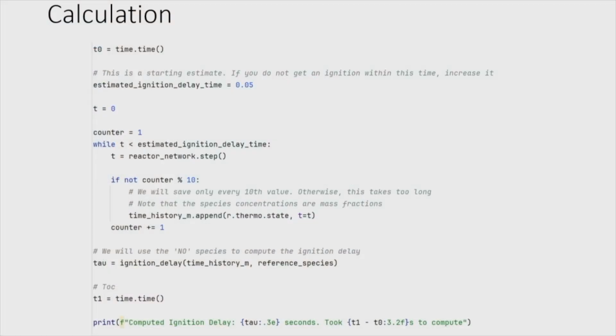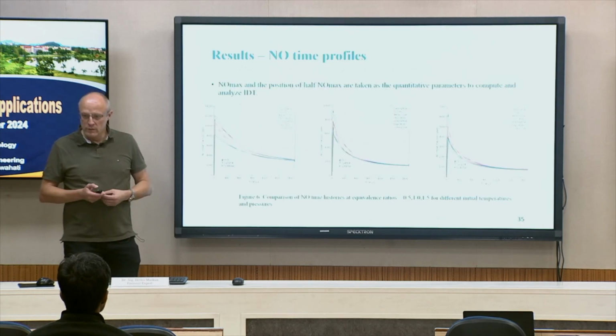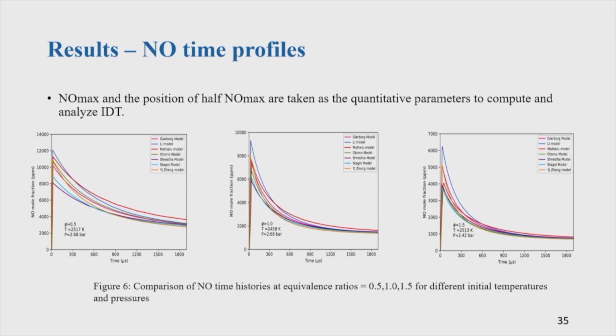So again, we start our calculation. We have to consider the estimated ignition delay time, and finally here we get our ignition delay time tau. Here, for example, I show you the time histories for a lot of different simulations.